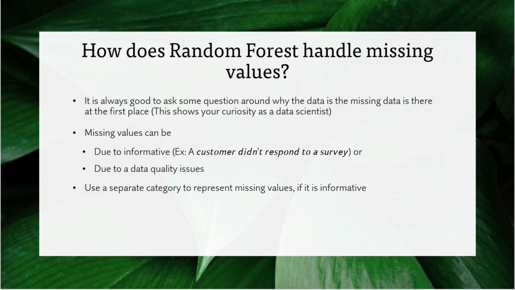Missing values can be informative, for example, a customer didn't respond to a survey, or due to a data quality issue. Use a separate category to represent missing values if it is informative.